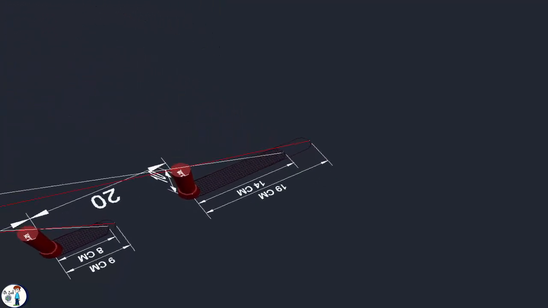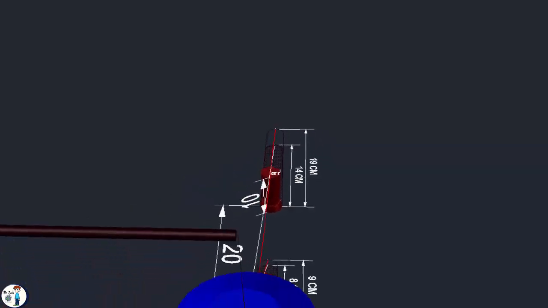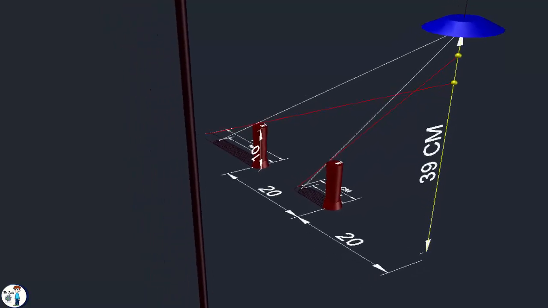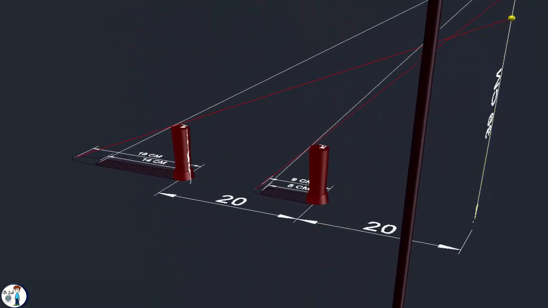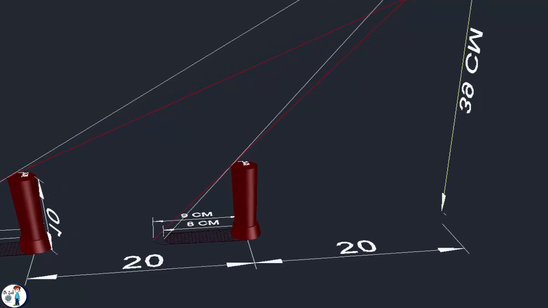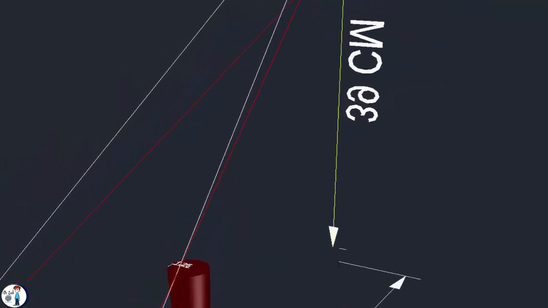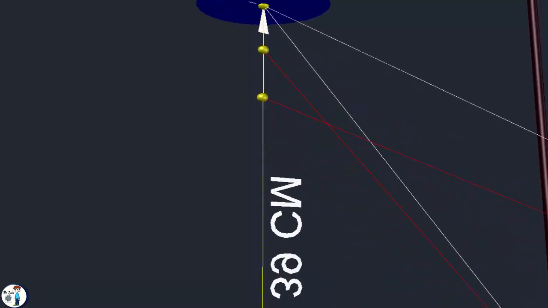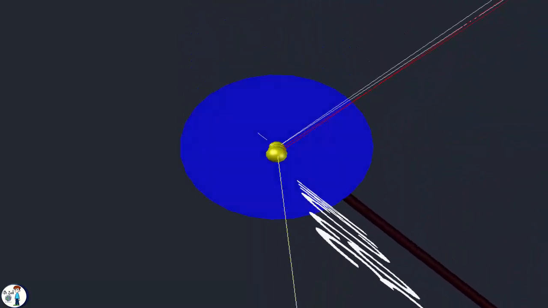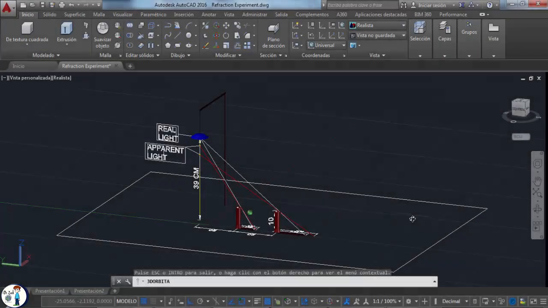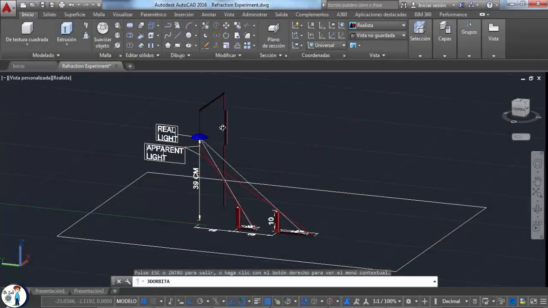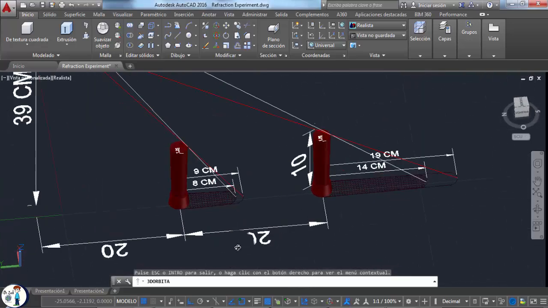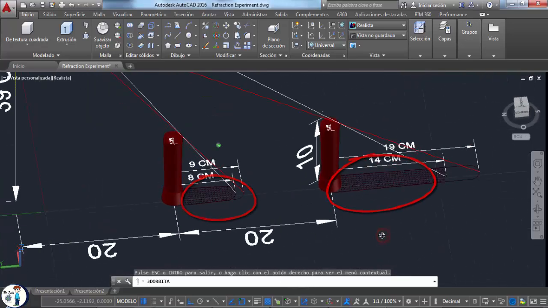So as you can see, I drew the same thing that you saw on the table, and I expected the shadow of the object to act like this, with and without refraction. First, I'm gonna explain this to you, and then I will show you the results of the experiments. So stay with me. What I did was draw a lamp and 2 objects, and I also drew their shadow in relation to the source of the light.